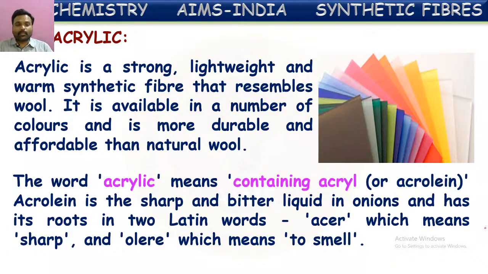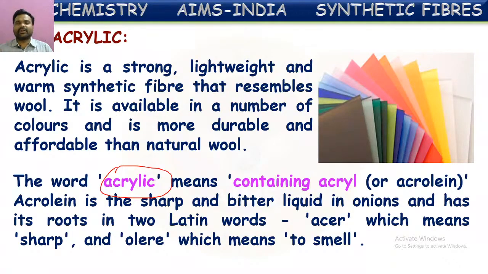Acrylic is a sharp and bitter liquid in onions and has its roots in the Latin words acer, which means sharp, and olere, which means smell. So this is one of the words derived from the Latin words, meaning having a sharp and bitter taste, because the chemicals it contains cause a sharp bitter taste.